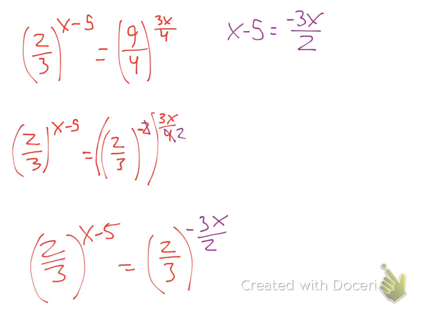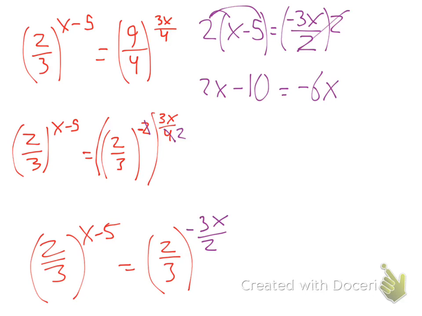I can fraction bust by multiplying both sides of the fraction by 2. And so, I multiply 2 and 2, whoops, because those cancel each other out. 2x minus 10 equals negative 6x. Oh, sorry. Negative 3x, my bad.